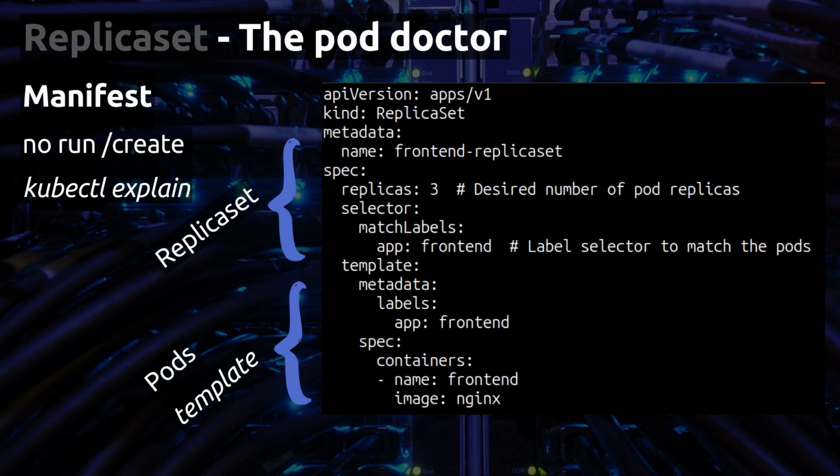As usual, in the manifest, the first part is based on metadata: the kind ReplicaSet, the API version group, and the name of our replicaset, in this example frontend-replicaset. In the second part, you can see we have specifications about our replicaset. In the specifications, you can set the number of replicas. This is really important, of course. This is how many pods you want.